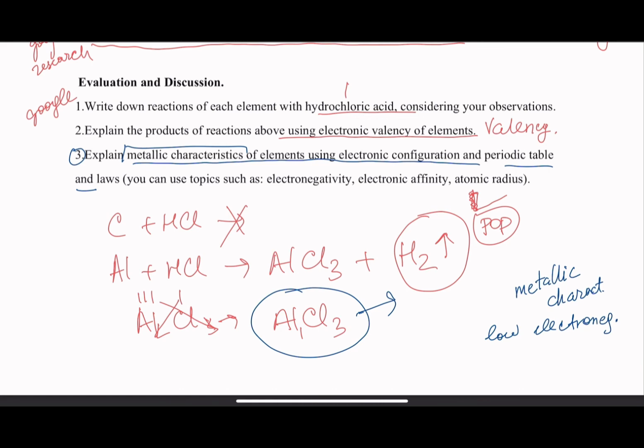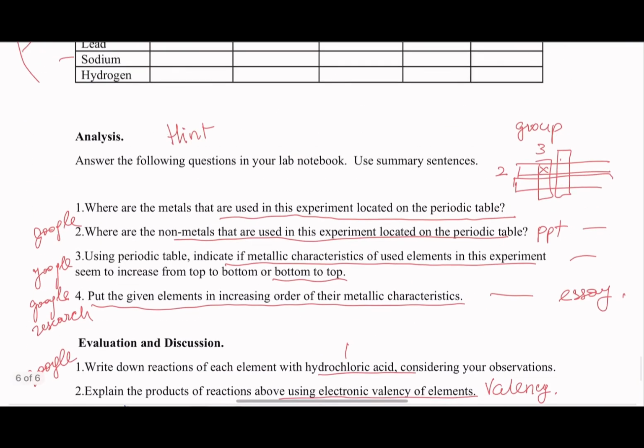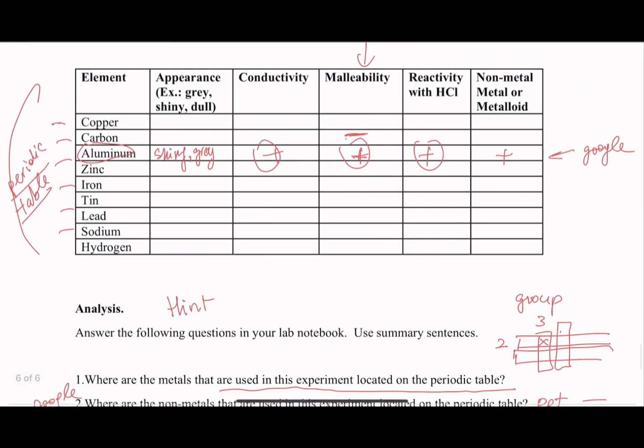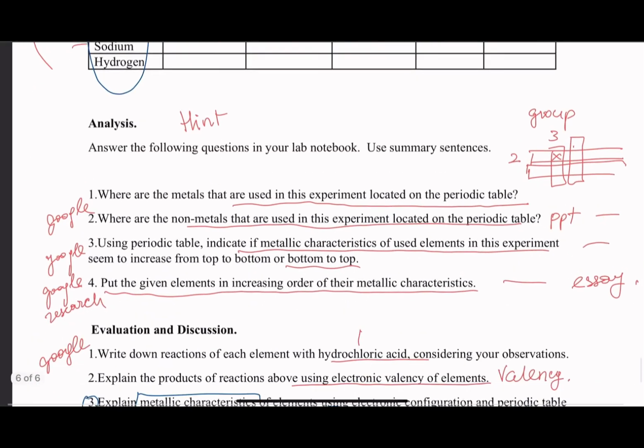And we also know that electronegativity increases as you go up and you go right. So you locate all of your metals, for example, X, Y elements, and you would say, oh, this one is higher electronegative, this one is lower electronegative. So you will discuss all of this stuff regarding these elements. You need to discuss everything about this in your lab report.